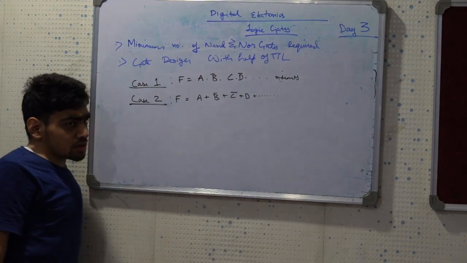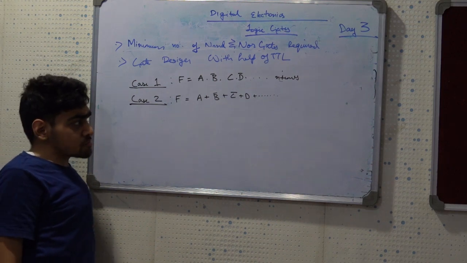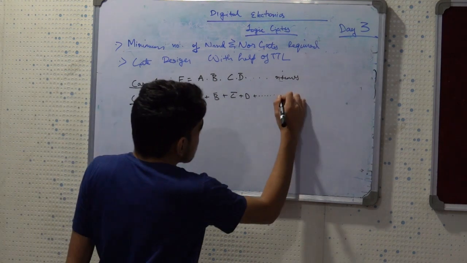So how do we find the number of NAND and NOR gates?